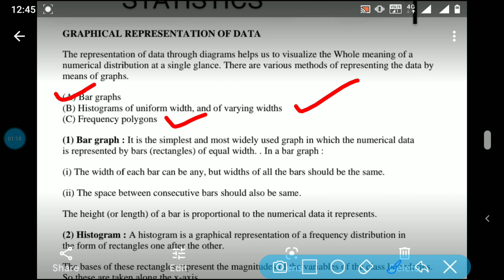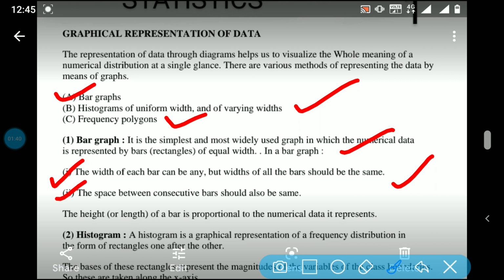Bar graph. It is the simplest and most widely used graph in which the numerical data is represented by bars, rectangles of equal width. The first point is the width of each bar can be any, but the width of all the bars should be the same.